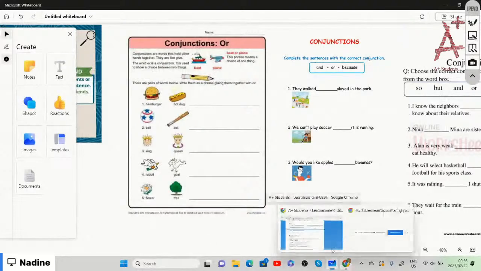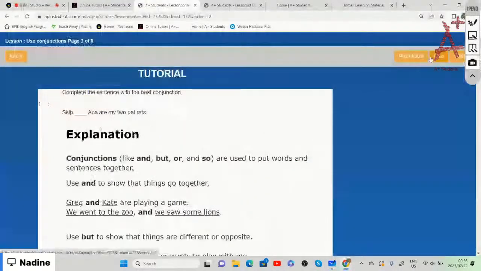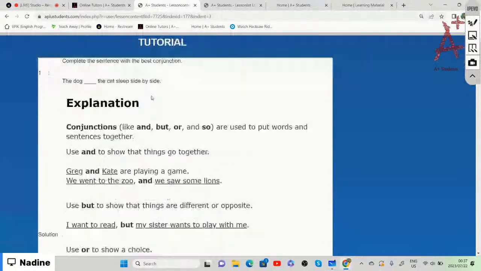All right, we are going back to the tutorial. Let's go next. Now we are going to use the conjunctions once again. We need to complete the sentence with the best conjunction. The dog, the cat sleep side by side.